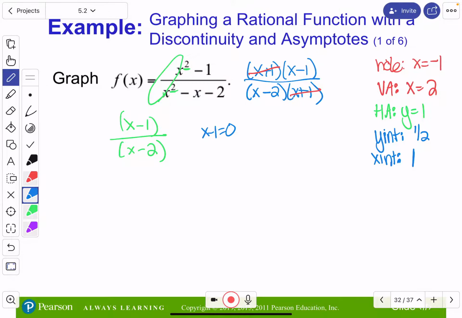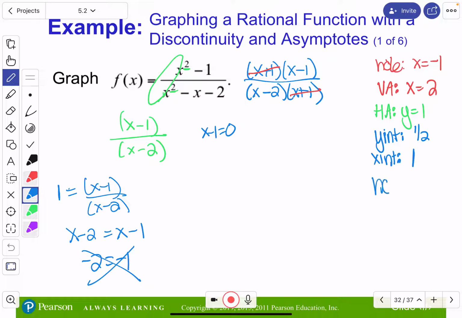Test for intersection. We're going to make this whole thing equal 1. 1 equals x minus 1 over x minus 2. Multiply both sides by x minus 2. Subtract x from both sides. -2 never equals -1. So we have no horizontal asymptote intersection.